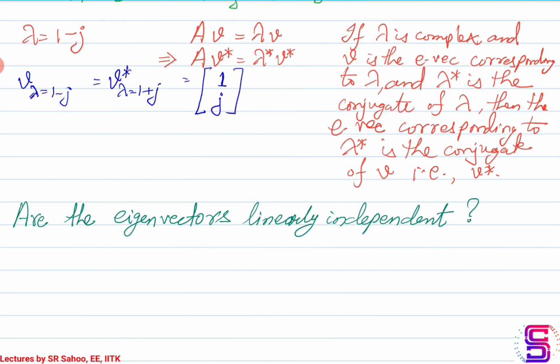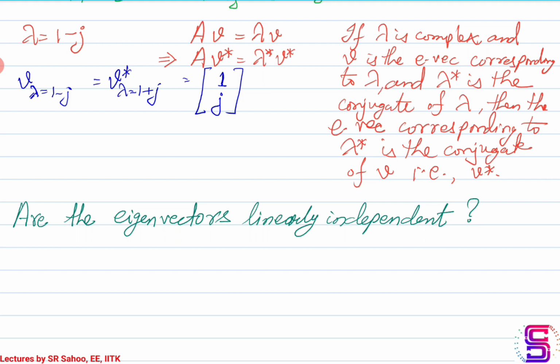Towards the end we left a question to the audience: are the eigenvectors linearly independent? So given a matrix A, you find the eigenvectors corresponding to all the eigenvalues.